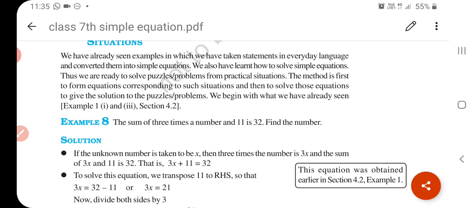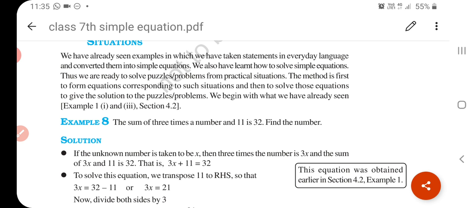First of all write the algebraic linear equation, then lastly solve the equation for the unknown variable. And when you solve the equation, check by yourself whether it is right or wrong.